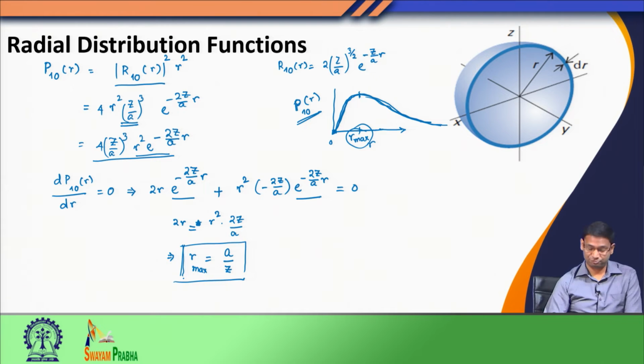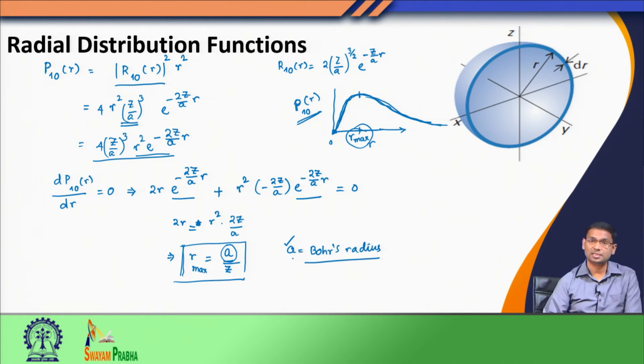When you look carefully, for hydrogen atom Z is 1, and when Z is 1, this r max is simply a, which is nothing but Bohr's radius. Something interesting to note here is that the quantum mechanical formulation of the hydrogen atom shows the maximum probability density for the 1s electron to be found at a, or Bohr's radius.